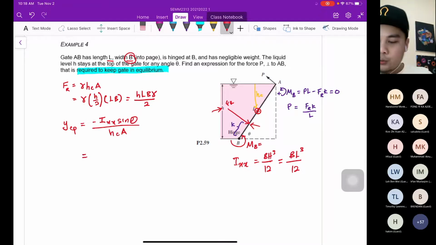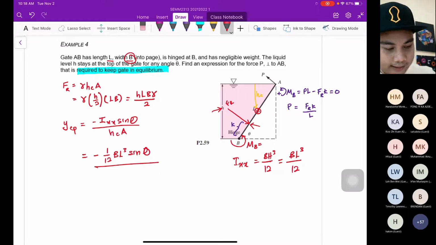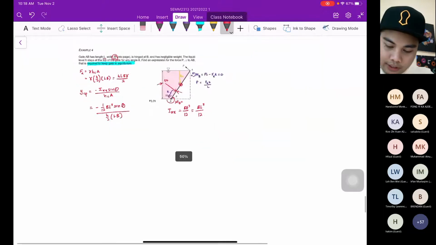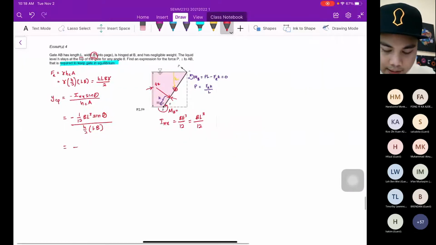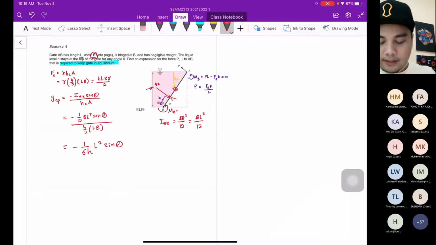Substitute again in this equation: negative 1 over 12 BL cube sine theta over HC, which is H over 2, multiplied by area LB. You simplify the equation, you will get negative 1 over 6 H L squared sine theta.